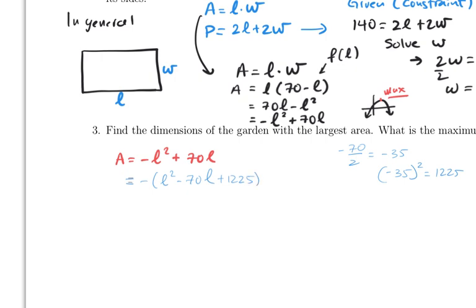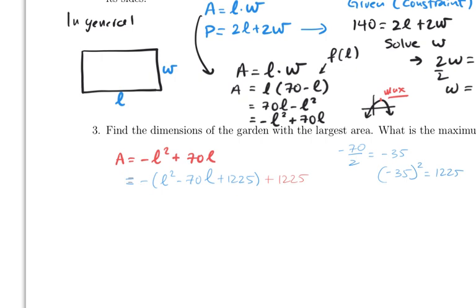So what should be the value that goes here? Plus or minus? The one that will go here. It should be plus 1225. Why? Because you are technically subtracting minus 1225. So to cancel, it has to be positive.